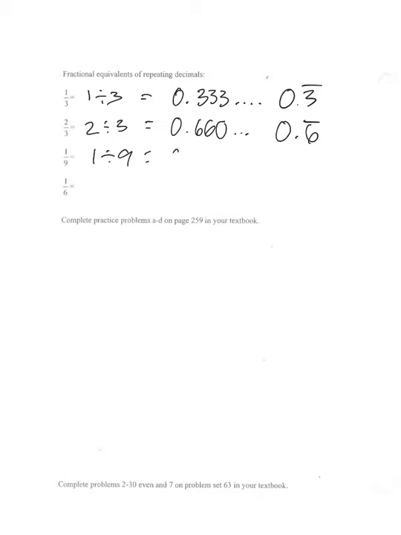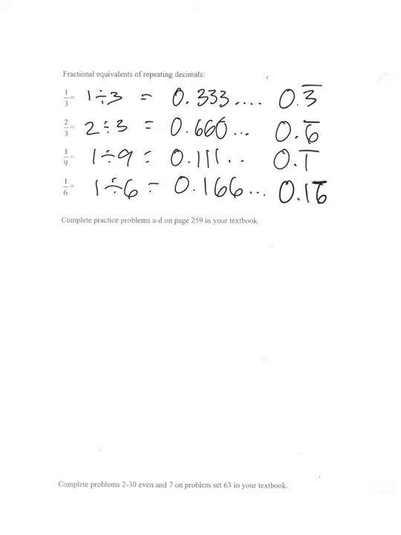You do 1 divided by 9, and what you find is that that actually ends up being 0.111 or 0.1 repeating. 1/6, again, 1 divided by 6, which equals 0.166, etc., and that can be written as 0.16 repeating, with a little repeat mark over the 6. That's the one repeating digit.